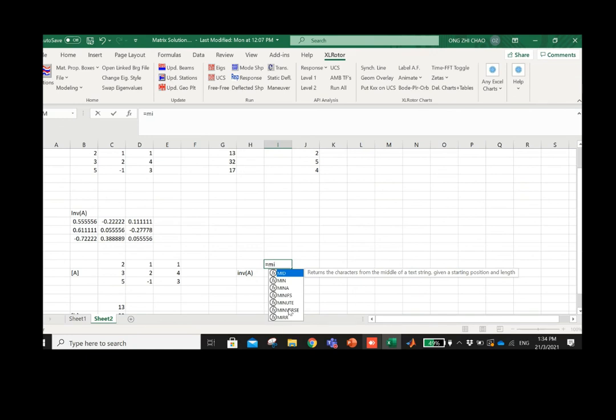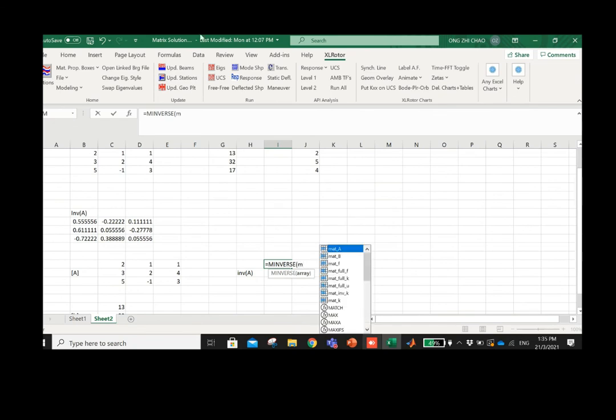Then you have to find your array. So here we have our mat A that we have determined, the whole matrix. You close the bracket, enter. So it will give me the inverse of this 3 times 3 matrix.